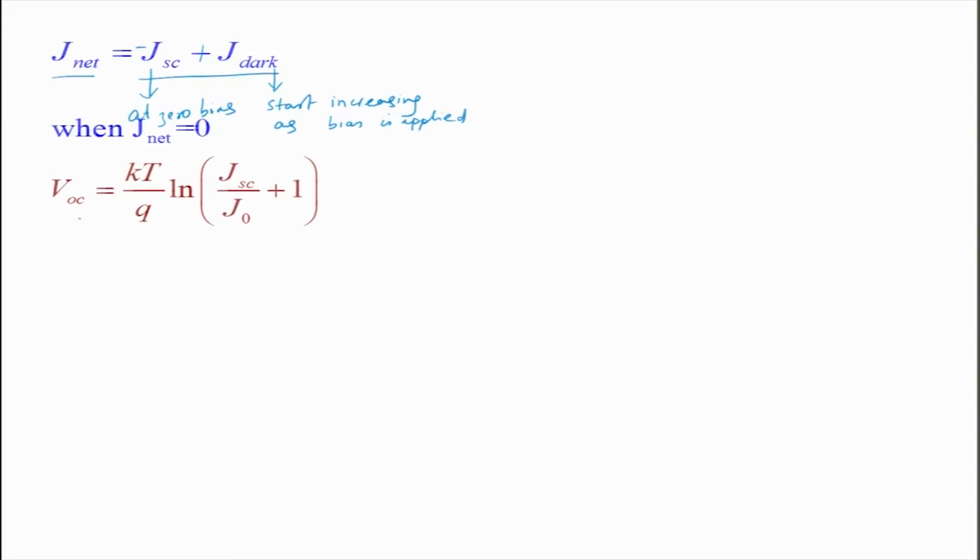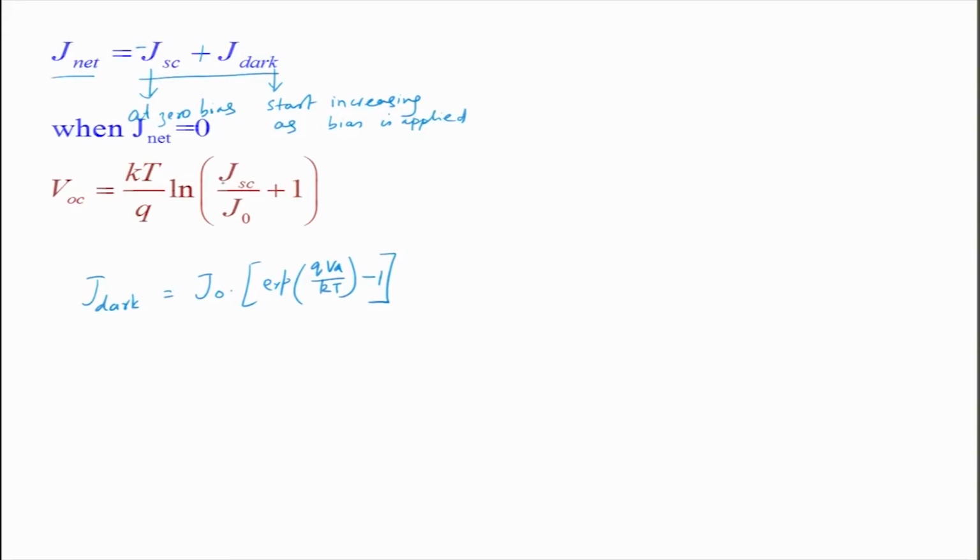When J net is equal to 0, then I can write VOC. If you see the expression, J dark was equal to J naught into exponential of QVA by KT minus 1. So, I am saying that J net is equal to JSC minus J dark, assuming, I am just taking the mod of both of them, and also taking JSC as a positive current.